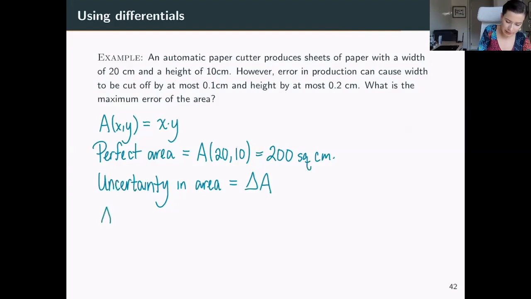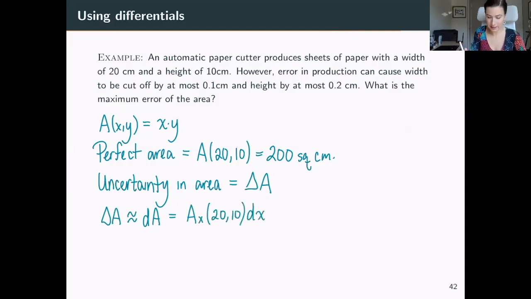So we know that delta A is approximately dA, which we have an equation for. We have that it would be equal to A_x at 20, 10 times dx plus A_y at 20, 10 times dy. These are quantities that we can figure out.